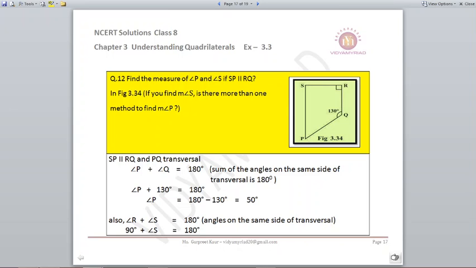Now let's find angle S. Now using the same criteria, we can say angle R plus angle S will be equal to 180 degrees. R is already 90, so angle S will also be 90 degrees. Now they are asking, if you know angle S, is there any other way of finding angle P?